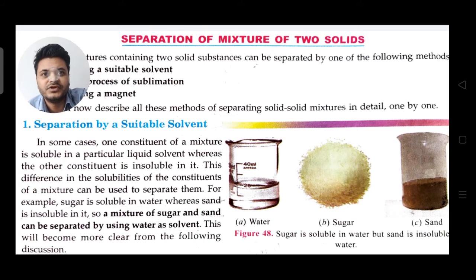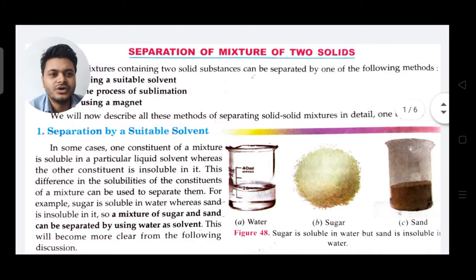So first one is the separation by a suitable solvent. Here you can see water is there, sugar is there, and sand is there. You all know that sugar is soluble in water and sand is insoluble in water.